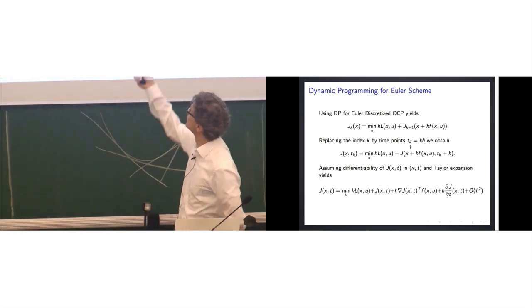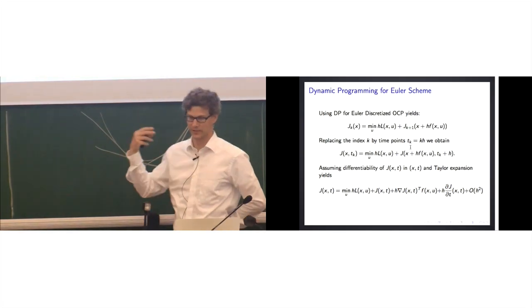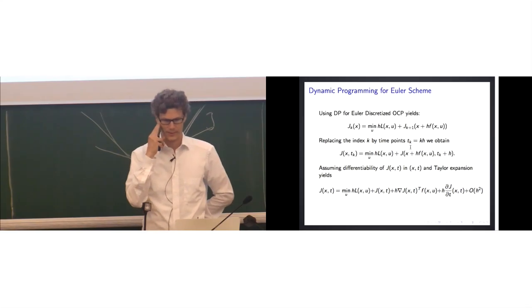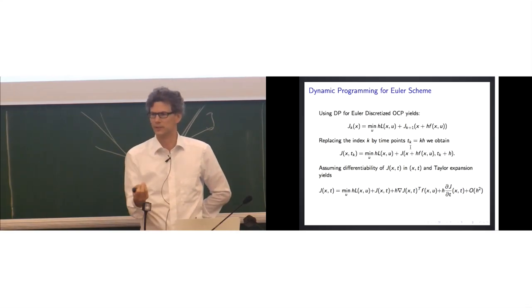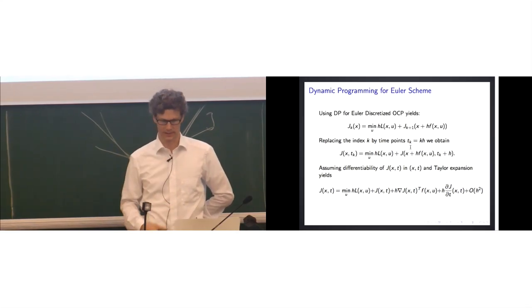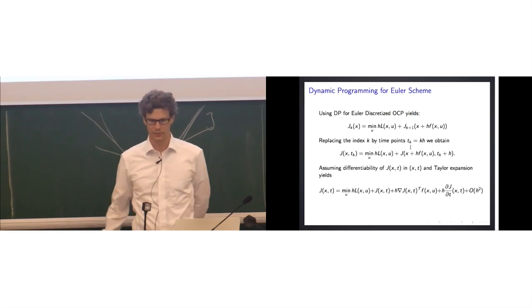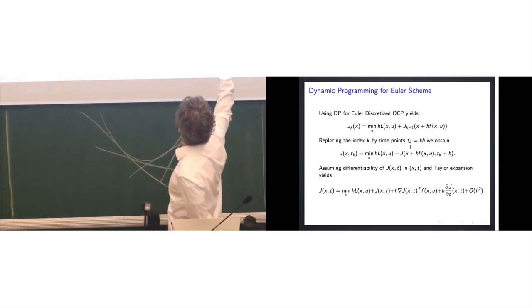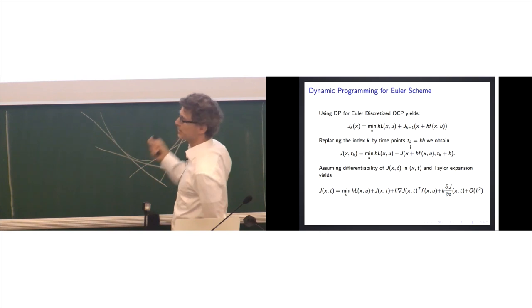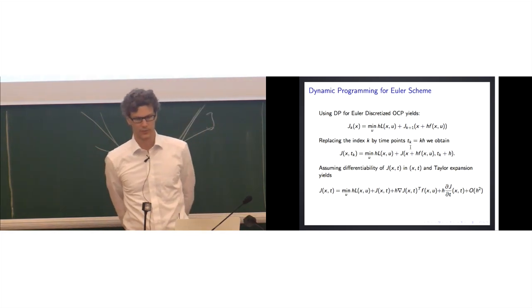So the second line here is nothing else than the first line, just with a different notation, in order to introduce the t as an argument that enters the function J. Yeah, so I hope you're on board. You see the second argument here is just saying that I'm one time step into the future.